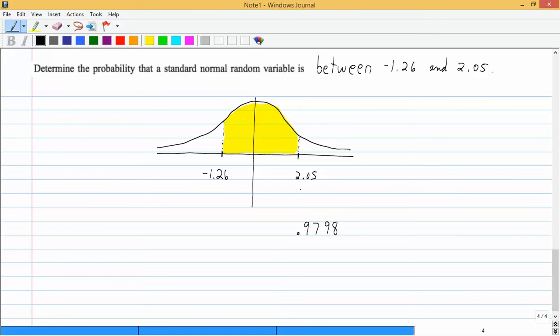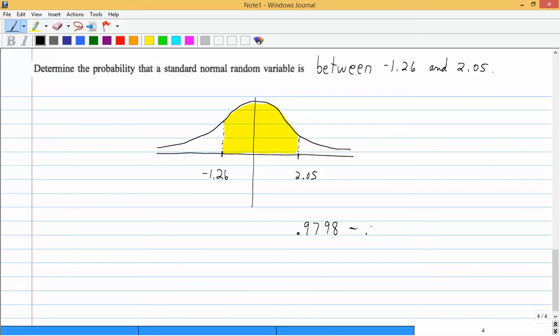Alright, and if I want to find the area between that and something else, I need to find the area of the far left term and subtract that. So the left value is negative 1.26. So if you go to table B, negative 1.26 is going to be 0.1038.